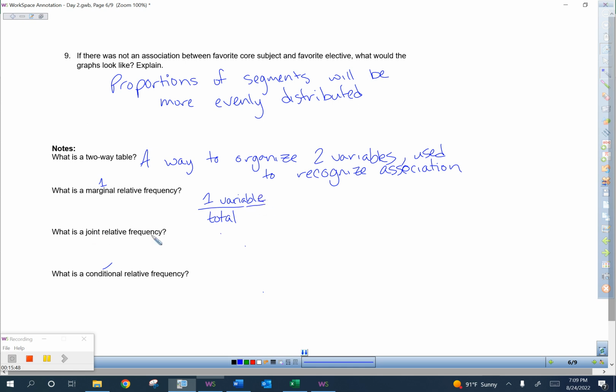A joint relative frequency, this joint means together. That means we're looking at both variables together, so two variables over our total. Okay, and our two variables are, remember, going to show up in an intersection. And a conditional relative frequency is going to be one variable given the other variable.